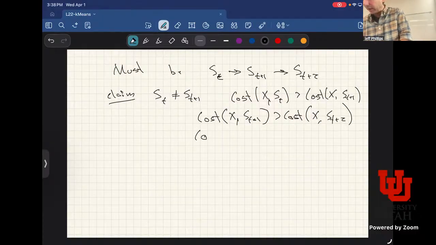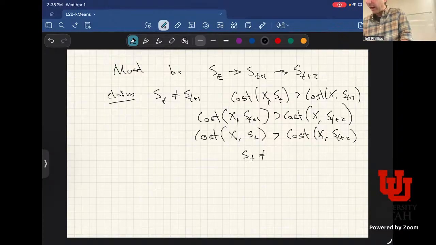So that means the cost of X of S_t is greater than the cost of X of S_{t+2}. And so that means S_t cannot be equal to S_{t+2}.